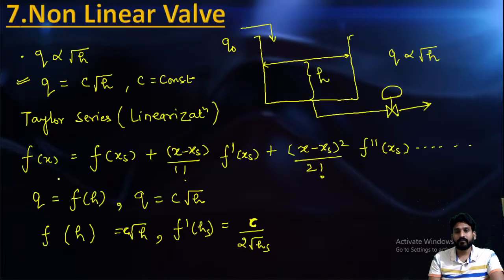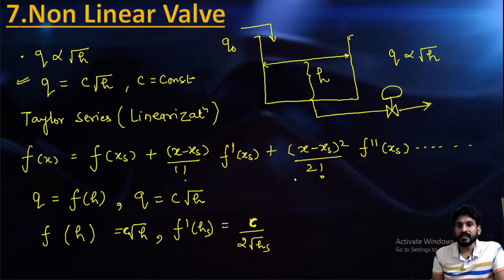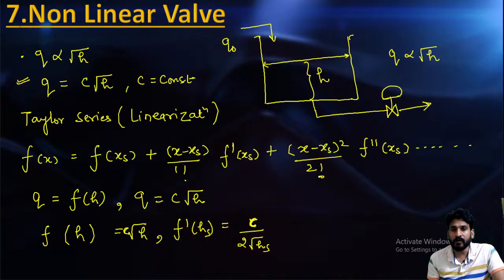Okay, done. Now this next term is h minus hs whole square divided by 2 factorial, and I would have to do the double differentiation of this function, meaning differentiate it again.